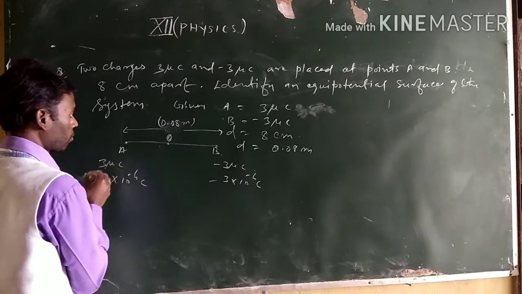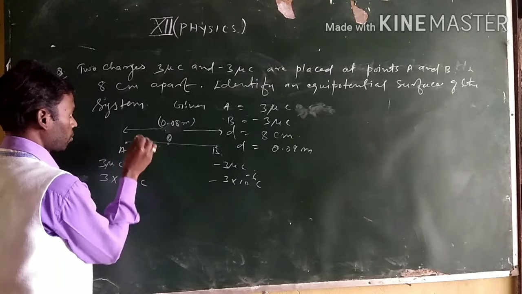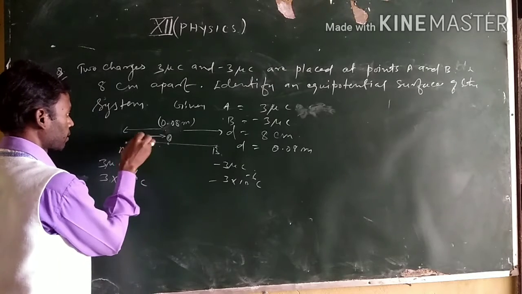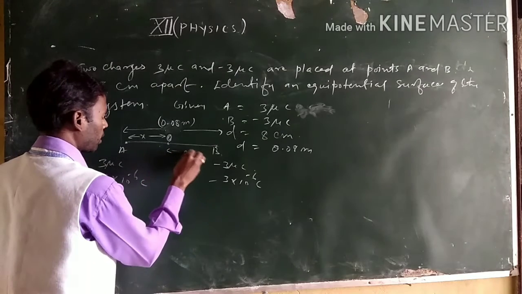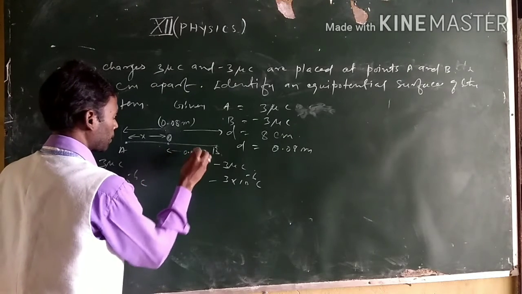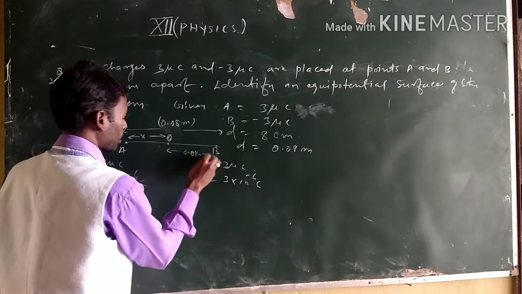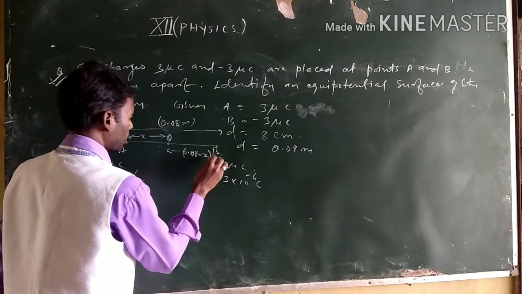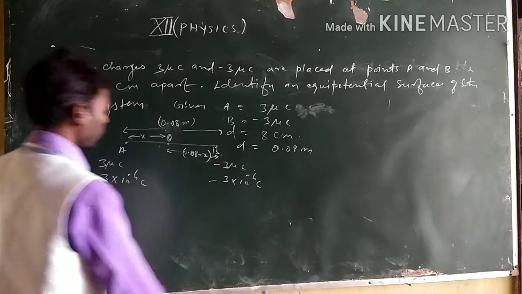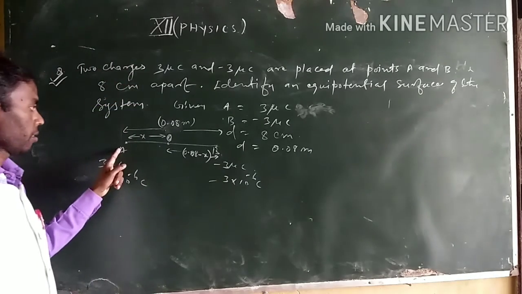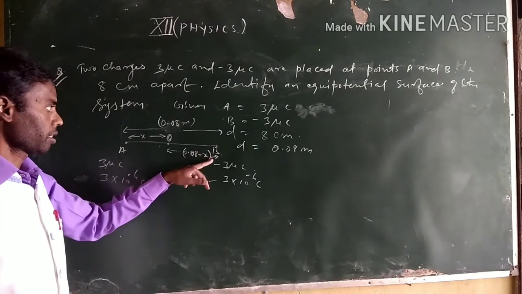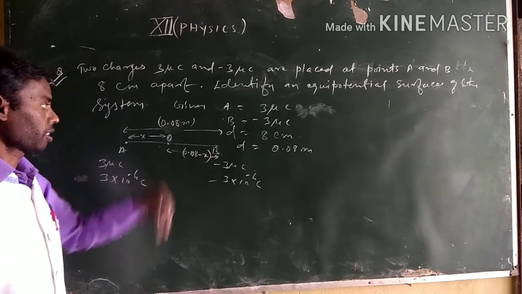Suppose from A to O the distance is x, so the distance from B will be 0.08 minus x meter. The total potential, potential of A plus potential of B, should be 0.